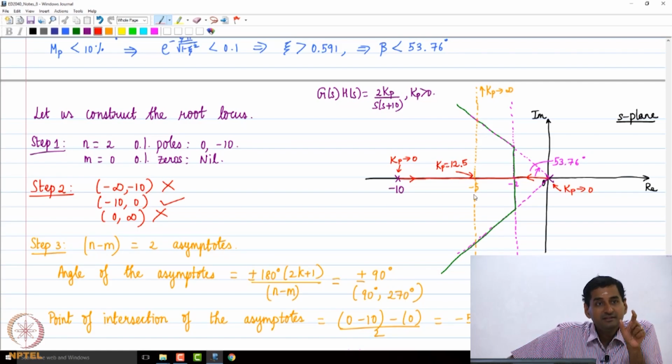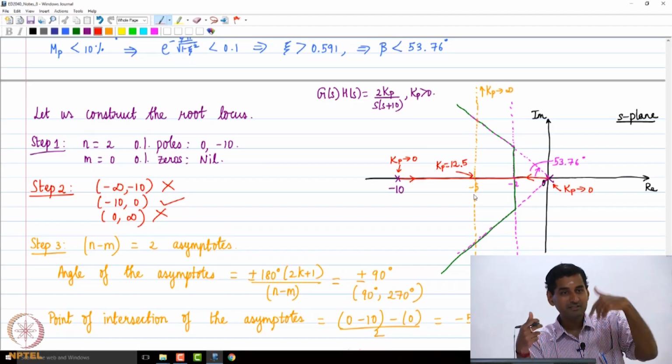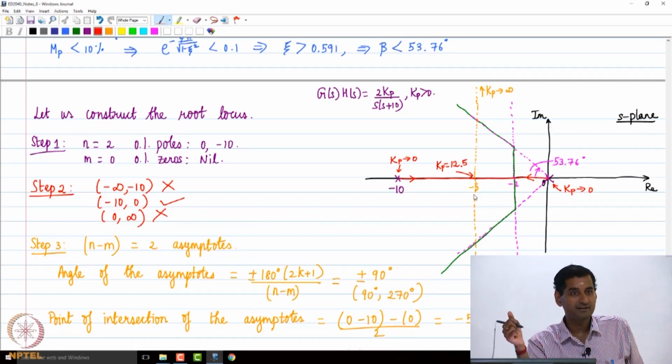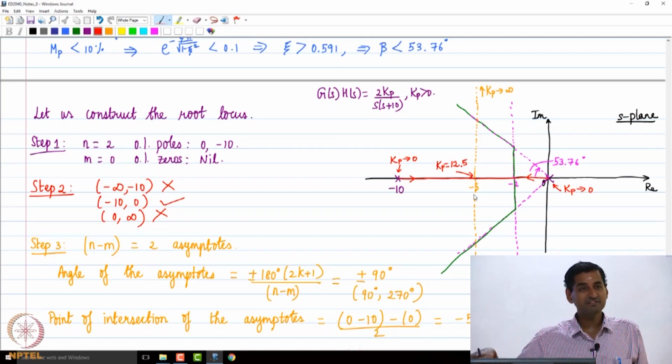But we need to remember one thing: if you have a complex root, the conjugate also must be a root. So we are talking about a very complex situation, where you have branches intersecting in the complex plane and then going away. Let me maybe construct an example for that and show it to you. I will construct a transfer function and give it to you. Maybe you can use MATLAB to construct the root locus and see for yourself.